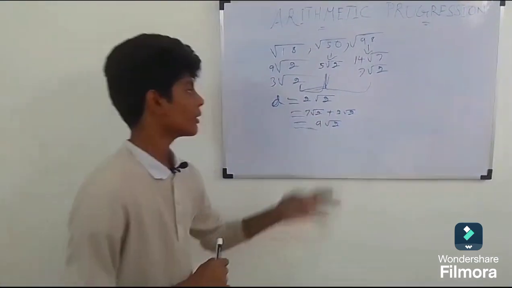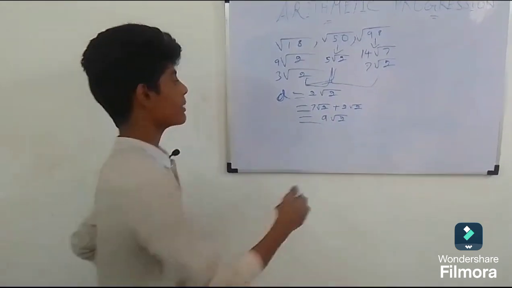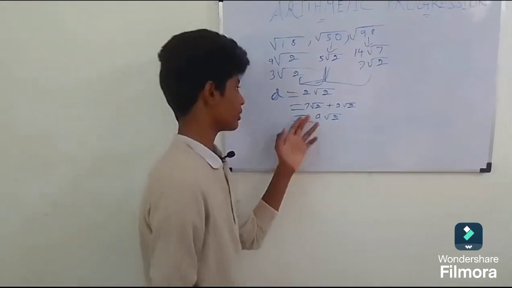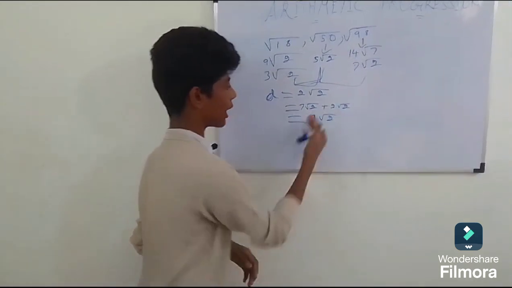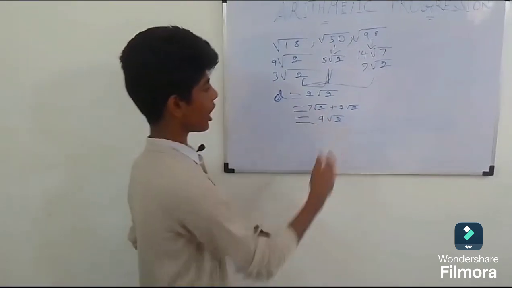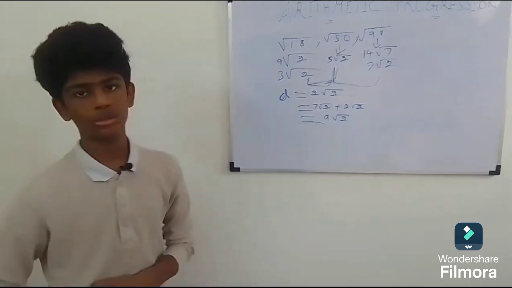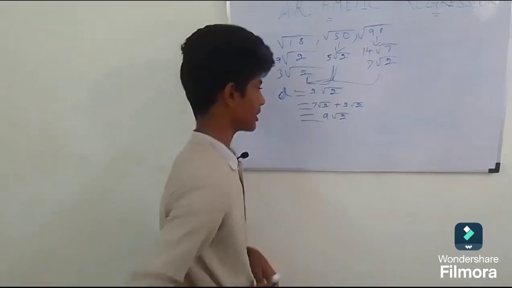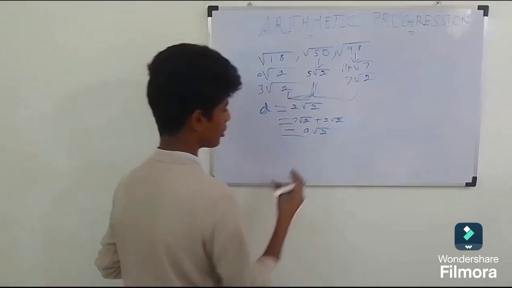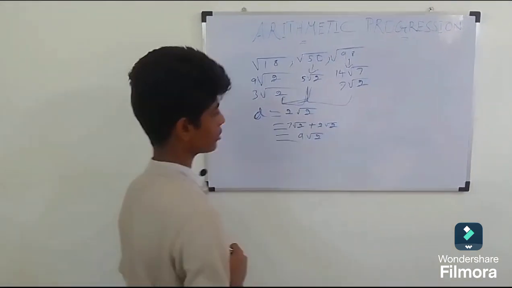You only add the numbers which are outside of the roots. You don't add both 2s. You only add the number which is outside the root, which gives 9 square root 2.